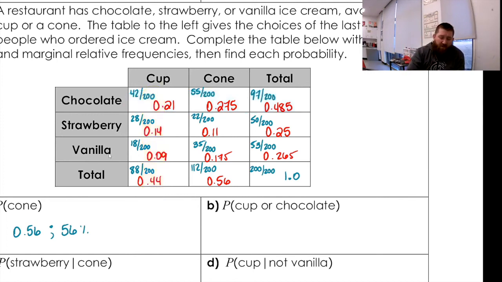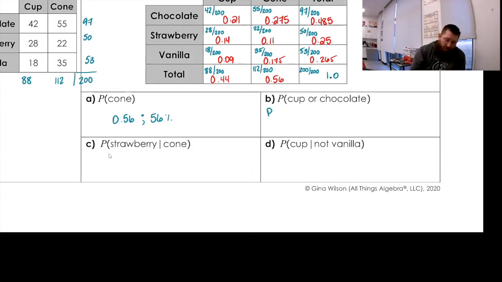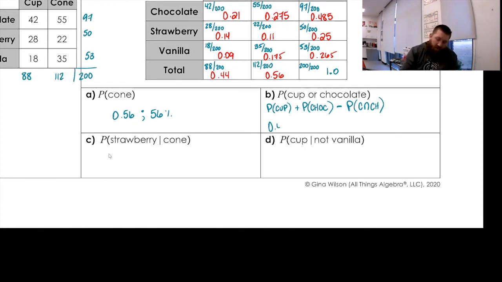So when we do this probability, we want the probability of cup plus the probability of chocolate, but because we had a double count, we've got to subtract the probability of cup and chocolate. So it's just 0.44 plus 0.485 minus 0.21 because that data has already been calculated once.